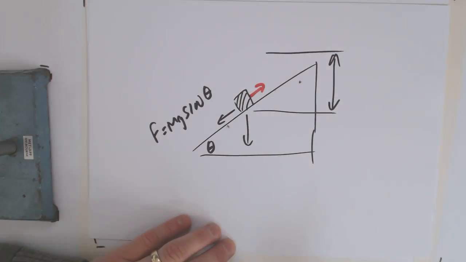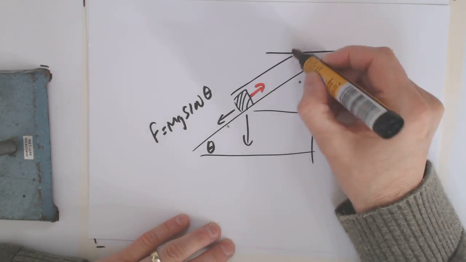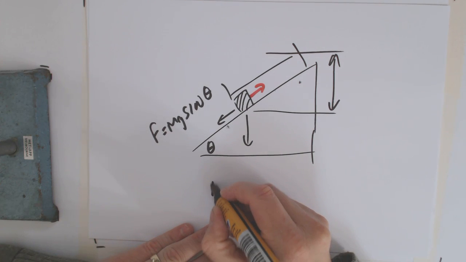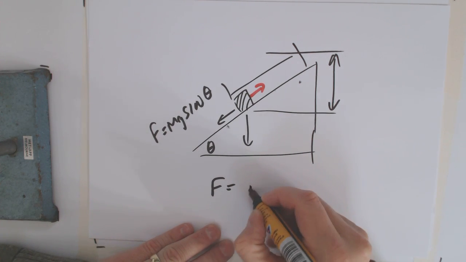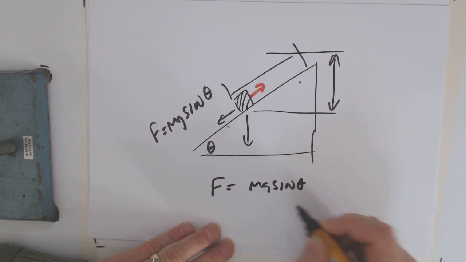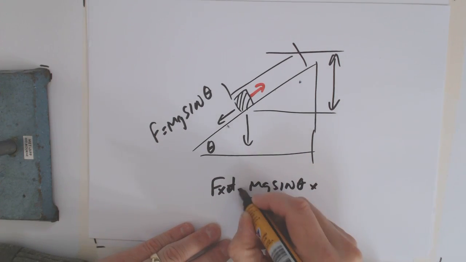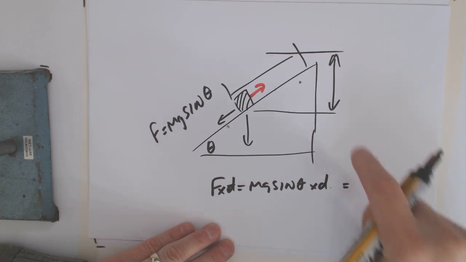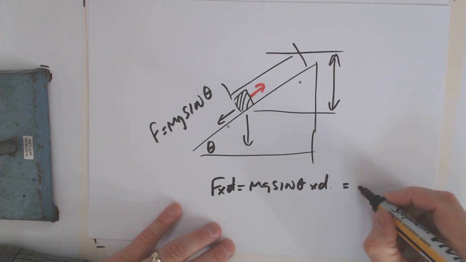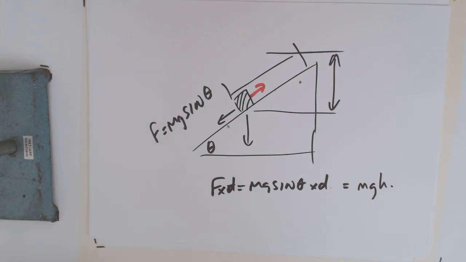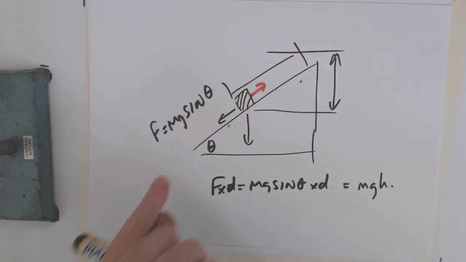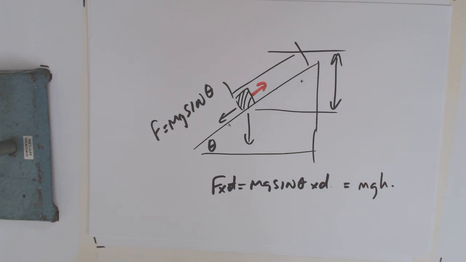And so what I'll be able to say then is the force times the distance, F equals mg sine theta. If I multiply that by d, the distance, that's going to be equal to the change in energy, mgh. So again, force times distance equals change in energy, but the force must be in the direction of the motion. Okay, that's enough on that one.